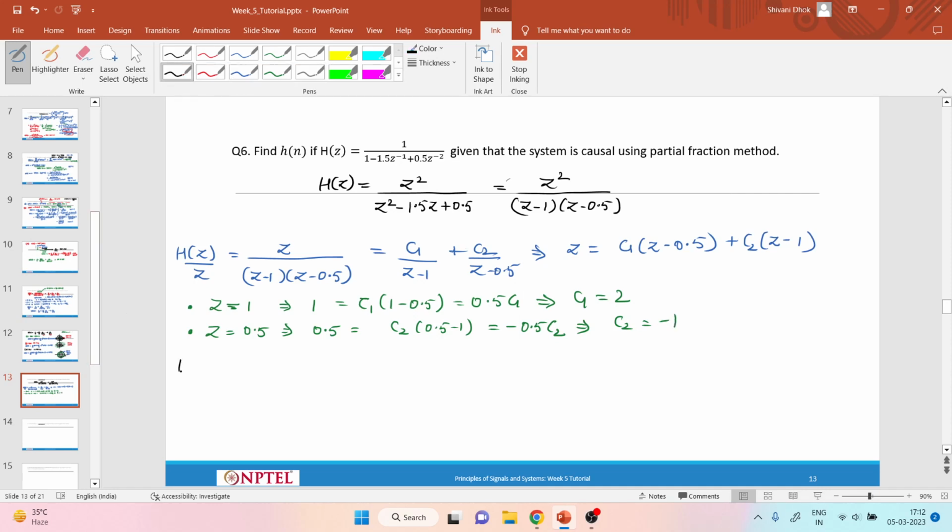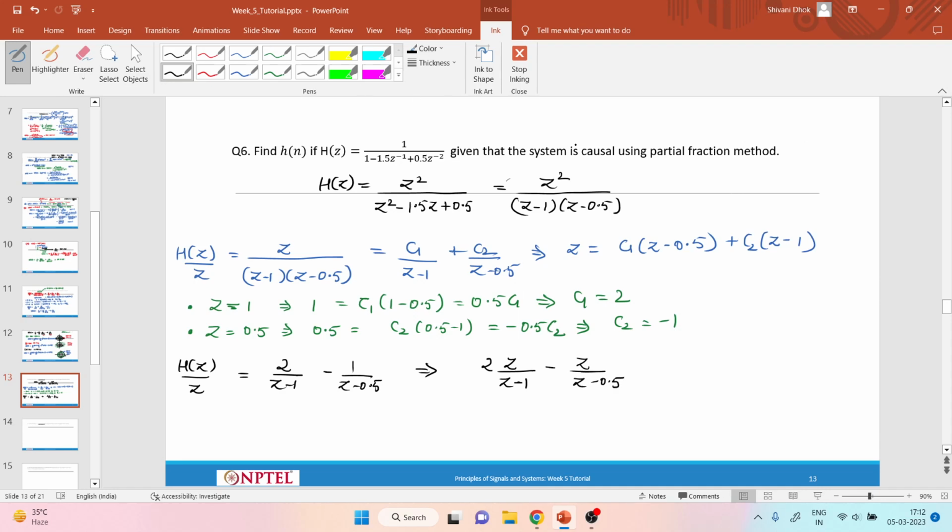Therefore, my h of z upon z is equal to c1 upon z minus 1, that is 2 upon z minus 1, minus 1 upon z minus 0.5, which is equal to 2 into z upon z minus 1 minus z upon z minus 0.5.